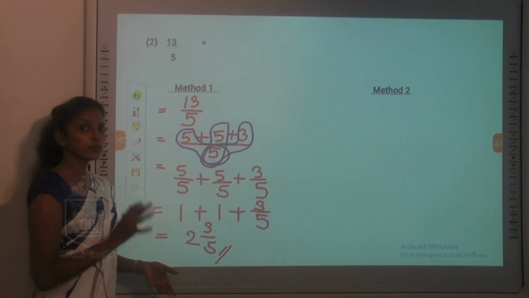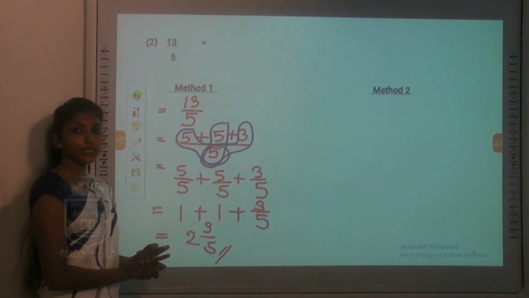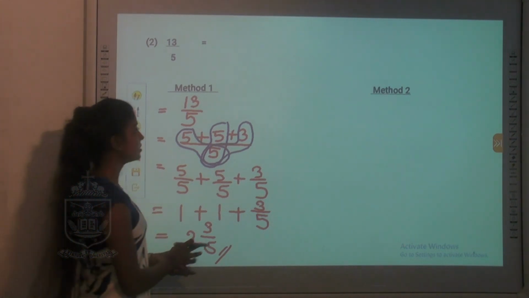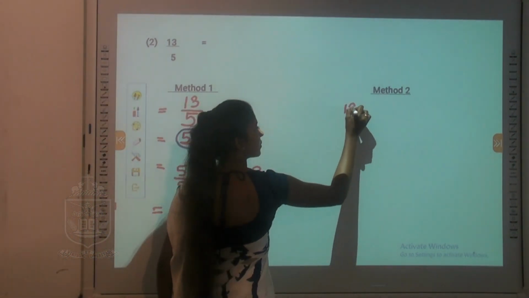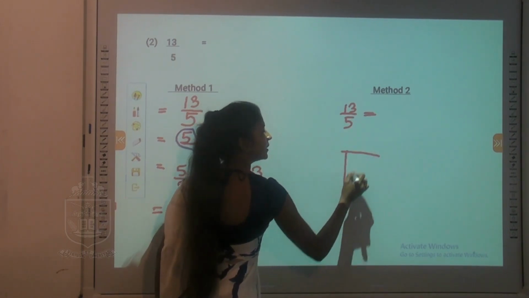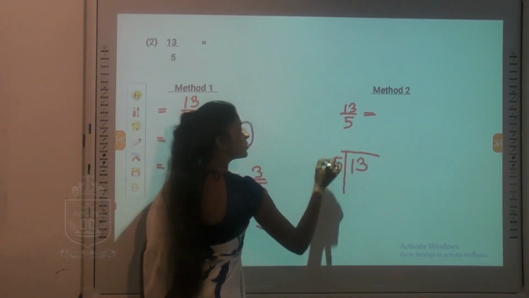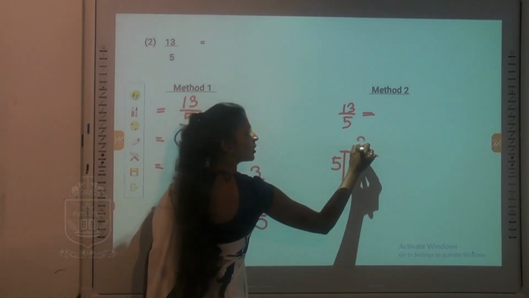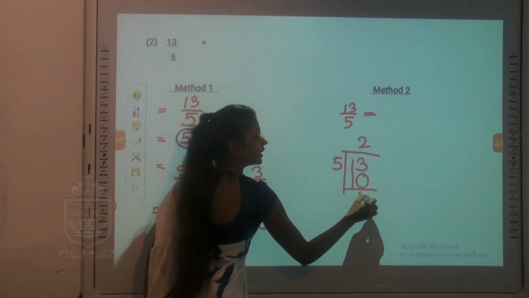3 over 5. Let's see the same example in the second method, that is the division method. Our question is 13 over 5. We are going to divide 13 by 5. 2 fives are there. 5 times 2, the answer is 10. Remainder 3.